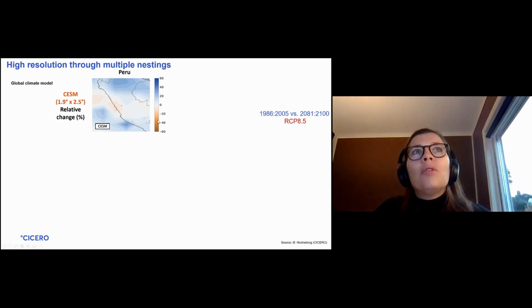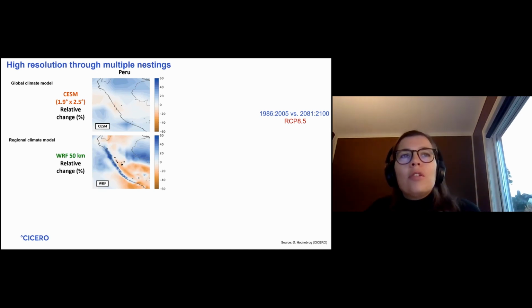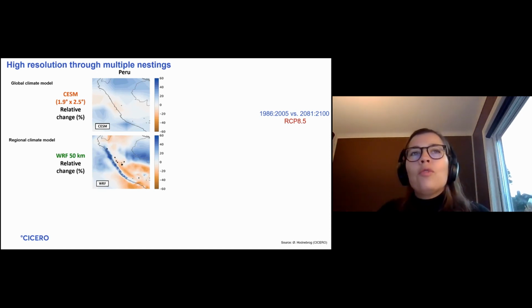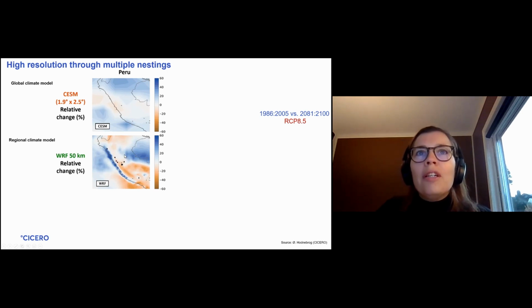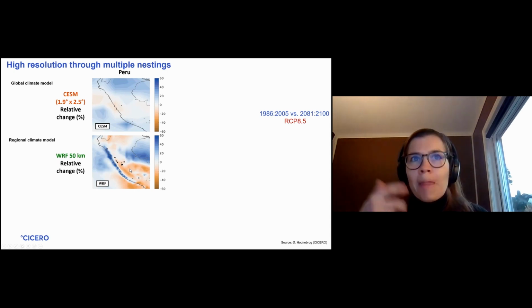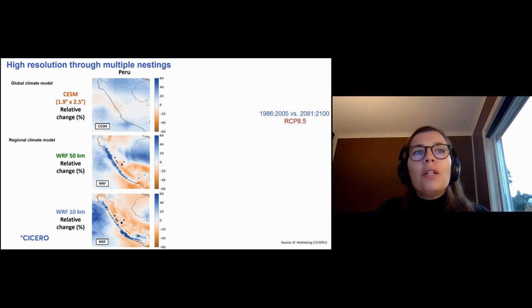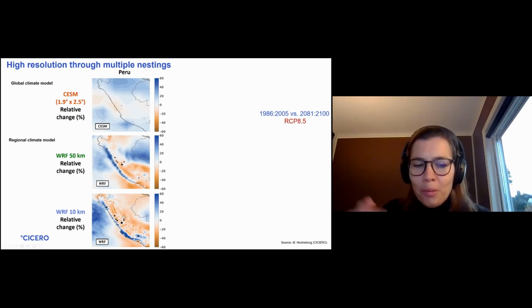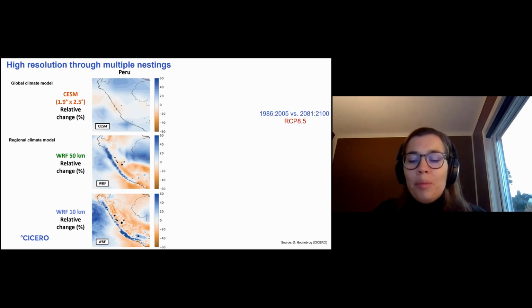And here are the same changes for the future in a regional climate model at 50-kilometer resolution. You can already see the finer details appearing over Peru, and even how the changes are different, because you're getting more and more information at the regional scale. And if you go to an even higher resolution, at 10 kilometers, you can see even more and more fine detail appearing.